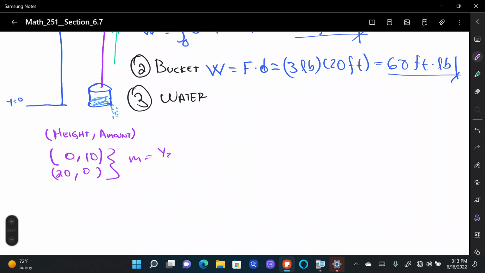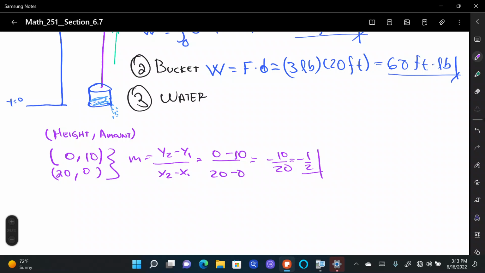m equals y2 minus y1 over x2 minus x1. So y2, which is 0 minus 10, and 20 minus 0. So that's going to be negative 10 over 20, which is negative 1/2. All right? And then from here, we can use any of the points.